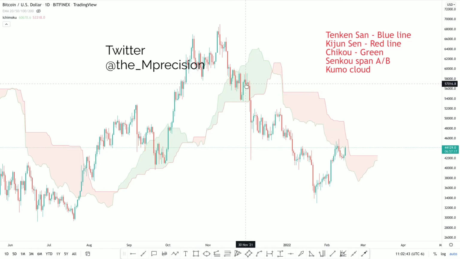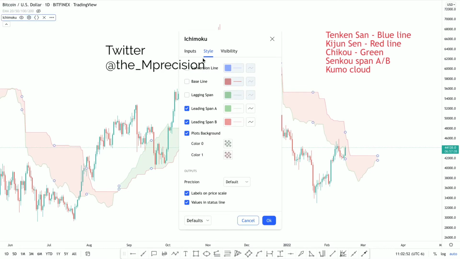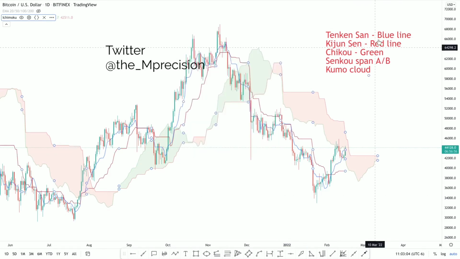Just wait. Hope it makes sense. Now that we know this, I'm going to start adding some more indicators. We're going to start with the conversion line, which is the blue line, Tenkan-san, the fast moving average. And I'm going to add the baseline, which is Kijun-sen, the red line.